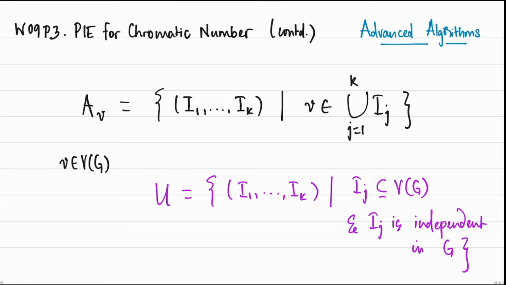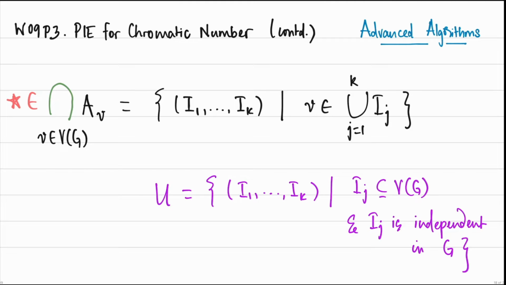That condition is something that we are going to get to by basically taking an intersection of all these A_V sets over all the vertices of the graph. So notice that this set here, the intersection of all the A_V's, is non-empty if and only if there is a covering of the entire vertex set with k independent sets. Why is that? Well, consider any element that belongs to this intersection.